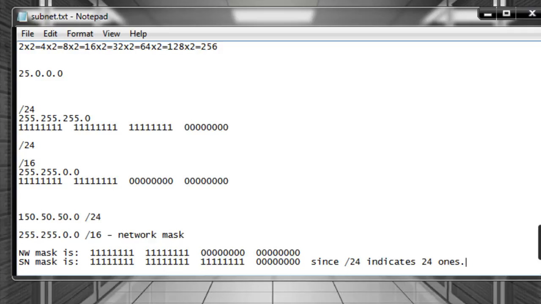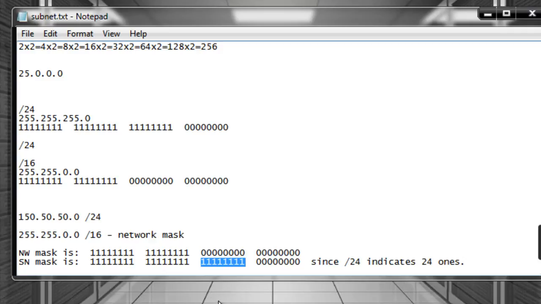Now, where it shares ones, that's the network bits. And where it shares zeros, this is why I'm writing this out side by side. Where it shares ones, it's network. Where it shares zeros, that is the host bits. And where the network mask is all zeros and the subnet mask is all ones, that's our power of 2.